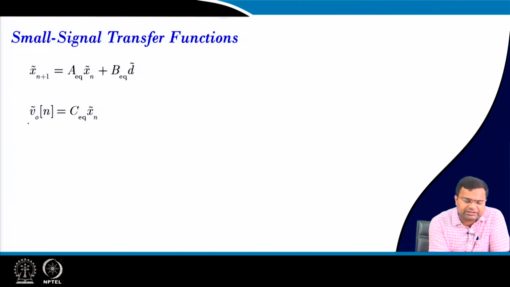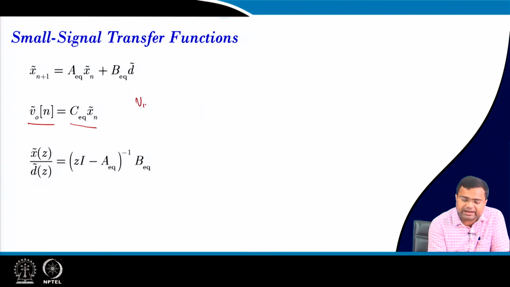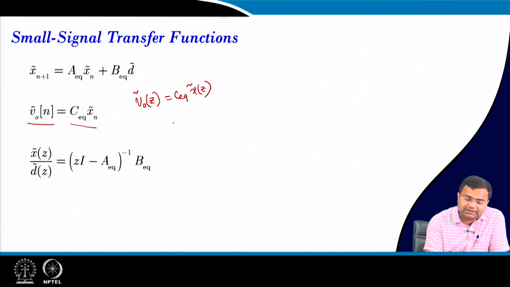V0(n) is already a function of X(n), that means if we apply the Z transform, we get V0(z) as a function of C equivalent into X(z). And what is X(z)?